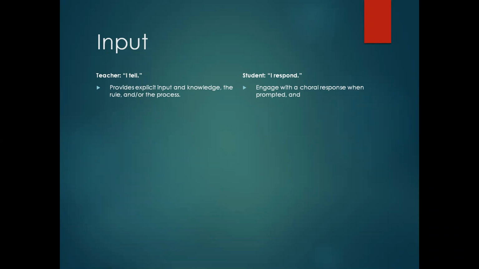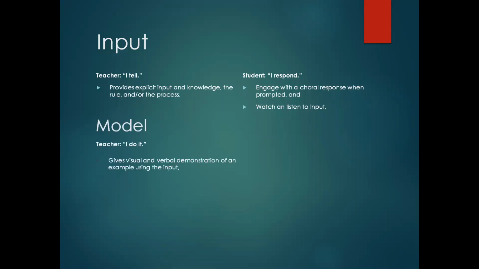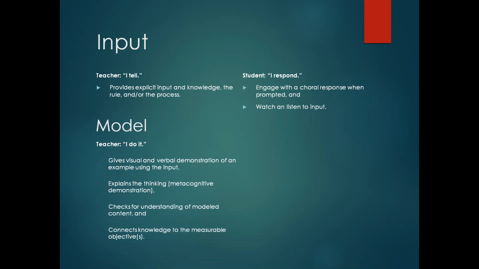They're really good at blending in and looking like they're engaged. So they're just watching and listening to the input you're providing. During modeling, you're doing it, giving visual and verbal demonstrations, explaining your thinking, which is metacognition, checking for understanding of the model content, and connecting knowledge to the measurable objective.